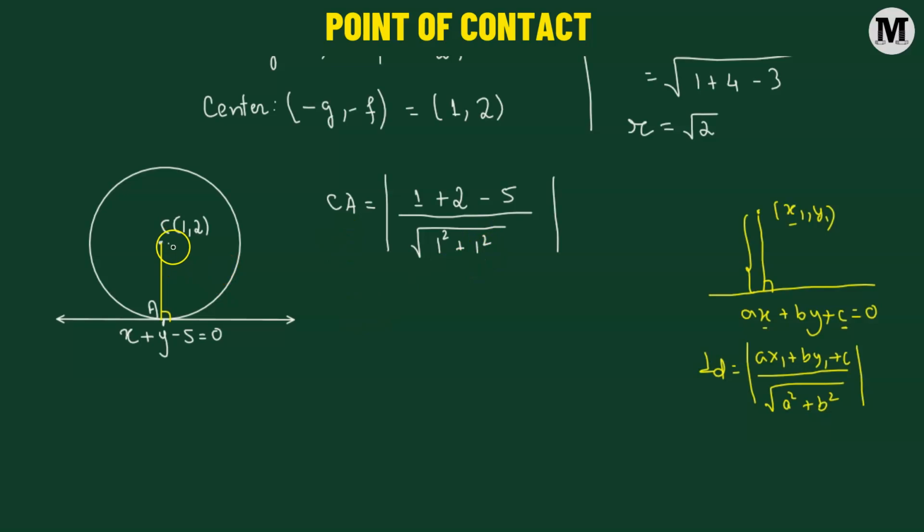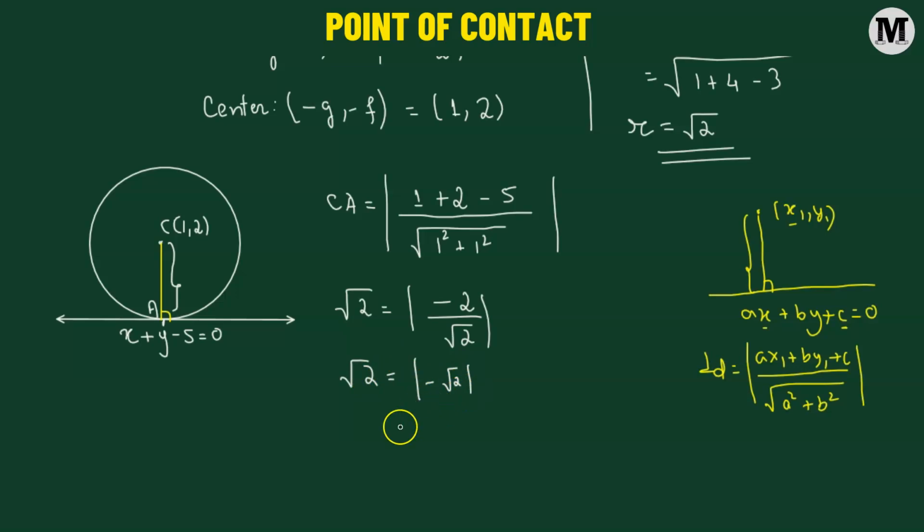Now CA is nothing but the radius of the circle, and we have already found its value, the square root of 2. This equals the absolute value of negative 2 divided by the square root of 2, which is nothing but the square root of 2. This tells us that the radius is exactly equal to the perpendicular distance CA, which means that the line must be touching the circle at that point A. So we have verified the first part.